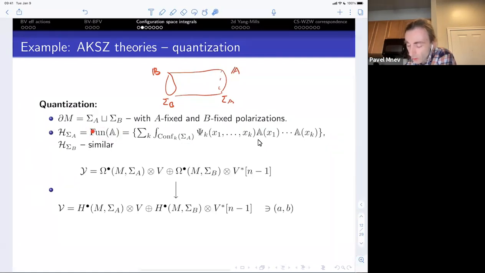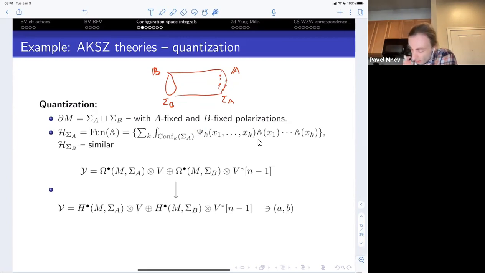It is of the size of a space of functions on the space of differential forms on some manifold, so it is enormous. A more manageable model is to think of a special kind of functions: consider K points on the boundary, evaluate my A field at those points, contract with some wave function dependent on those K points, and integrate over the configuration space of K points. In this sense, I am considering states given by wave functions, K-point wave functions. And similarly for the B side.